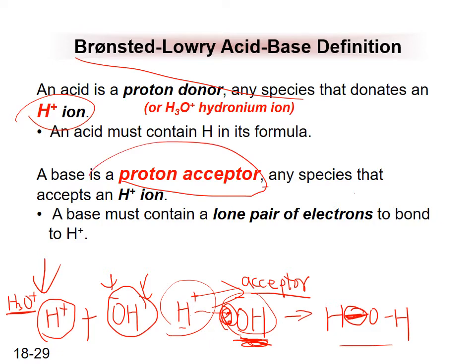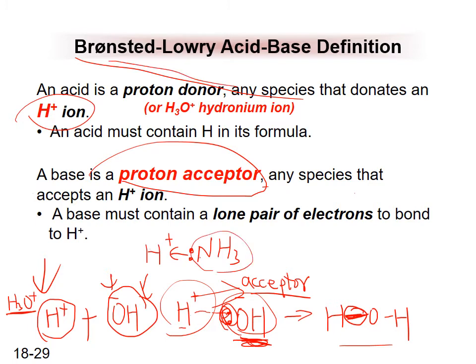Any species that can accept a proton, for example, NH3, nitrogen has a lone pair electron, and therefore it can react with a proton. This will form a bond between hydrogen and nitrogen. So ammonia is also a proton acceptor.